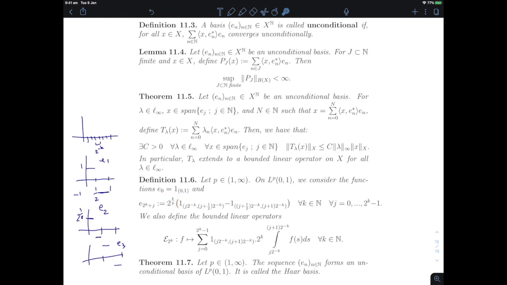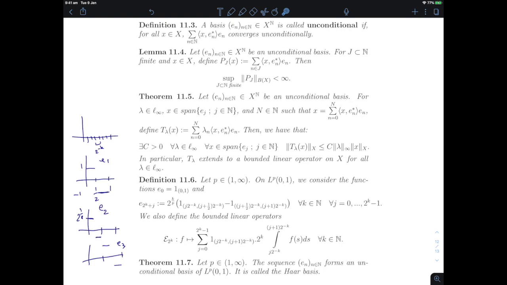Okay, now associated with these vectors, we're going to have a family of bounded linear operators that are the projection onto the partial sums of a series decomposition. And they take a very explicit form. Here it is. We have these operators E_k that take a function and do the following.